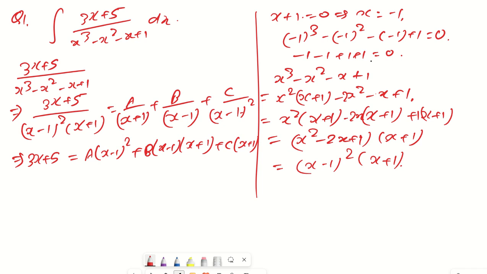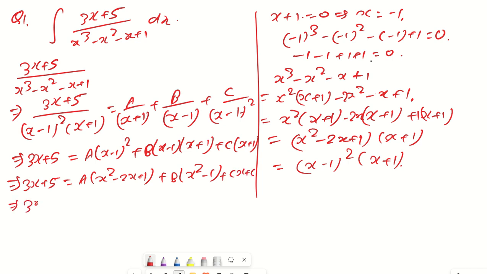Now if we equate this term on both sides, we are going to get the coefficients of x square, x and constant terms. So 3x plus 5 is equal to a times (x square minus 2x plus 1) plus b times (x square minus 1) plus cx plus c.